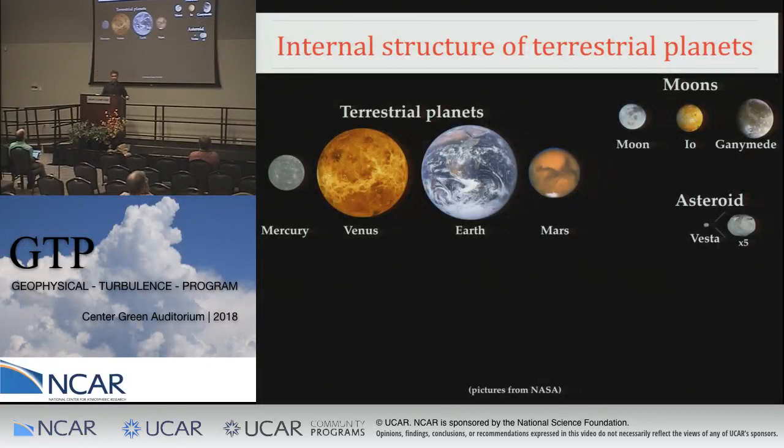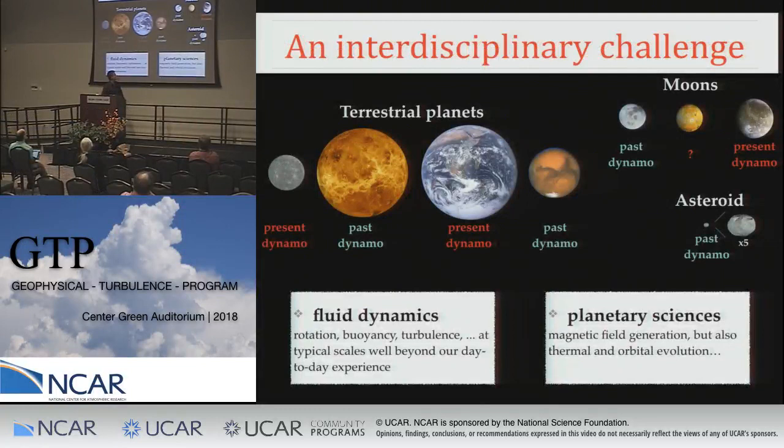The dynamics of the core is very important because it has an important role in the thermal and dynamical evolution of planets, and also because the free dynamics in the core is responsible for the magnetic field generation, with various results for various planets. For instance, we have a dynamo on Earth today, but we don't on Venus. We have a dynamo on the small moon Ganymede of Jupiter, but we don't on Mars.